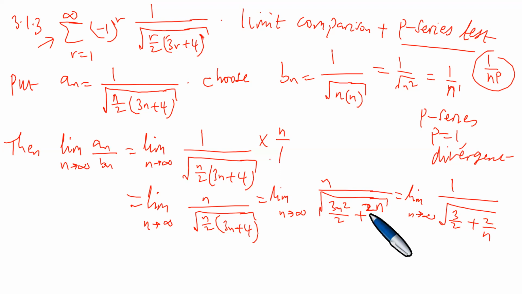So we have this. Therefore, as n approaches infinity, this term is 0, so it becomes this. This can be the square root of 2 over the square root of 3, and it is not 0.